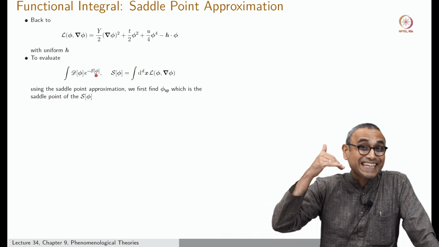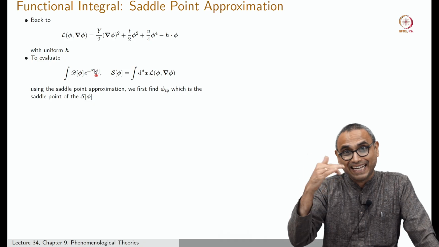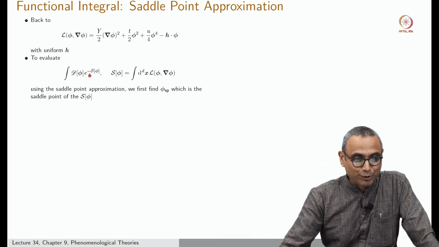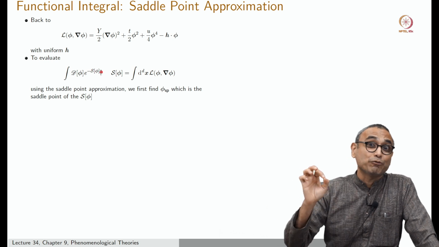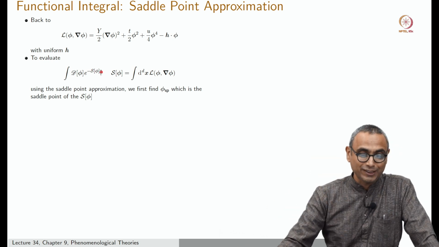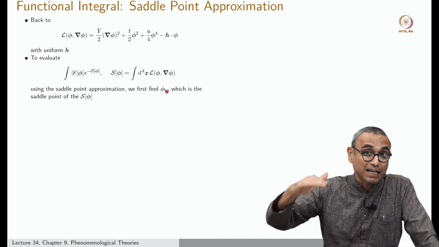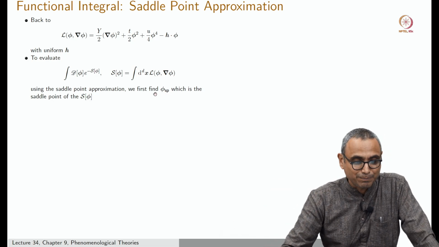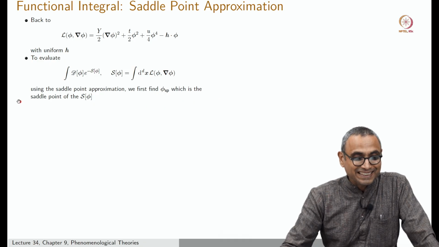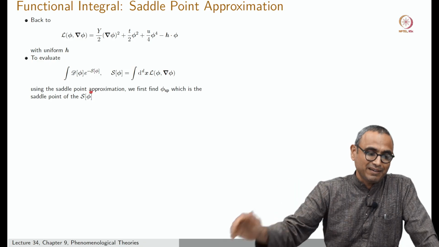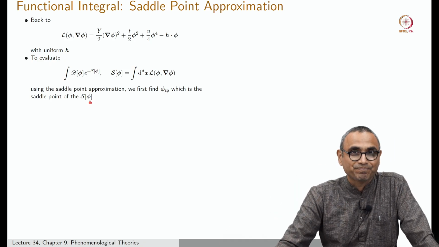So I have to find the x, the coordinate x, where the function became minimum. So here I have to find the saddle point field phi sp, which is the saddle point of this functional. Saddle point meaning the extremum point of this function.